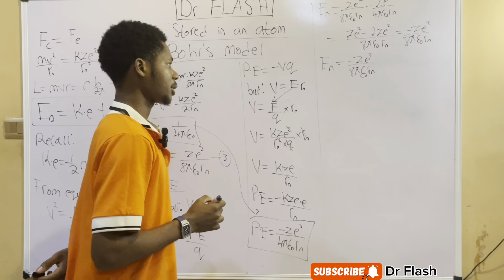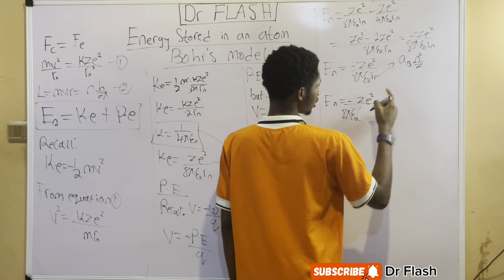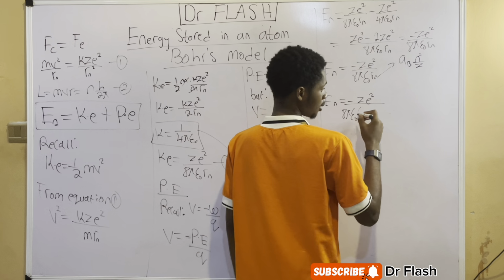If we substitute that in, we're going to have En equals minus Ze squared divided by 8 pi epsilon naught, times 5.29 times 10 to the power of minus 11 times n squared over Z. You notice that the Z can go to the top, multiplying this one, so we get minus Z squared e squared divided by 8 pi epsilon naught times n squared times 5.29 times 10 to the power of minus 11.